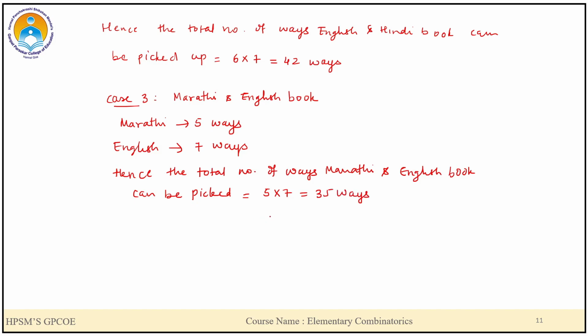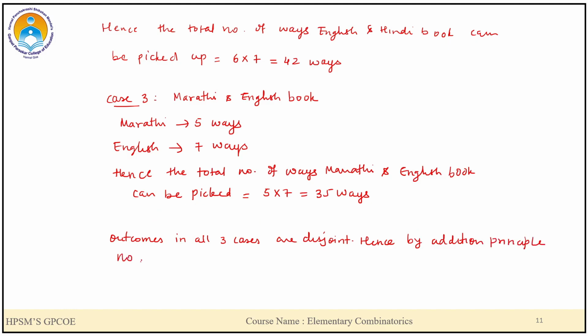Right. So the outcomes in all these three cases are clearly disjoint, and hence by addition principle, the total number of pairs of books will be equal to 30 in first case, 42 in second case, and 35 in the third case, which is equal to 107.